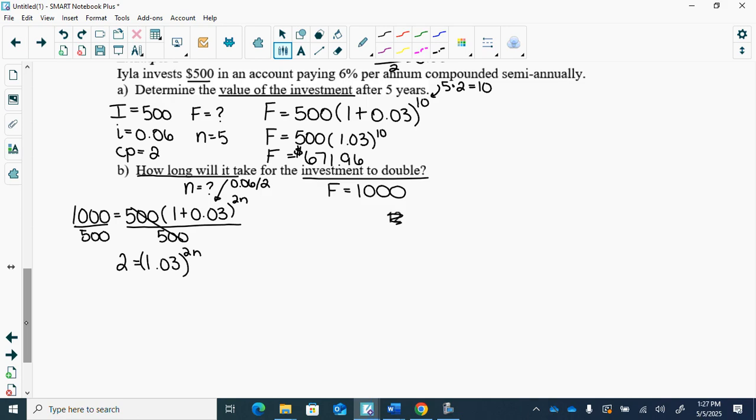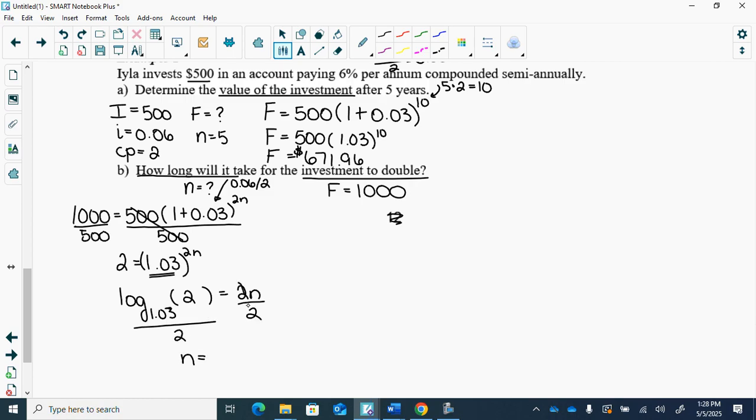Yeah, convert to a log. So we're going to get log base what? The base of our exponent becomes the base of our log. 1.03. What's friends doesn't stay friends, so what am I going to get beside it? 2, and it's going to equal 2n. And then we're going to divide by 2.